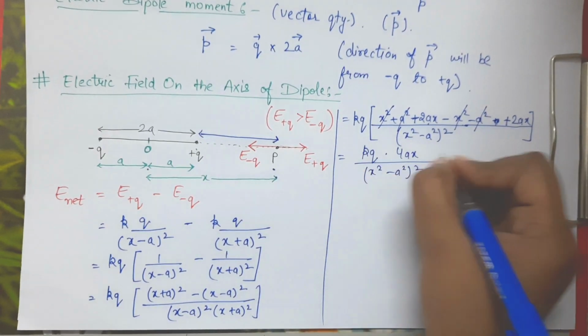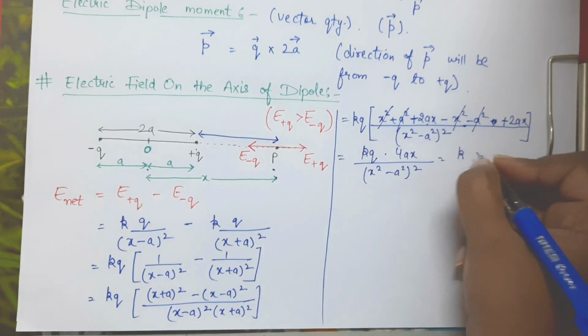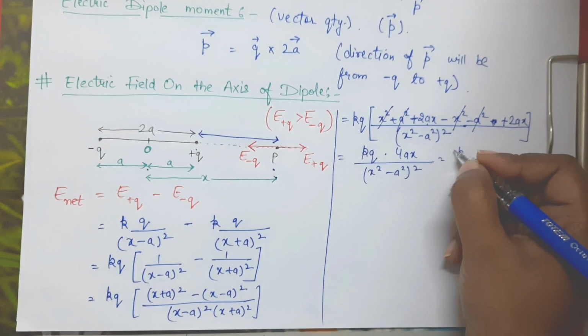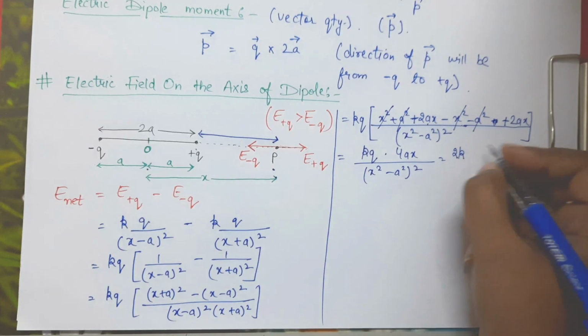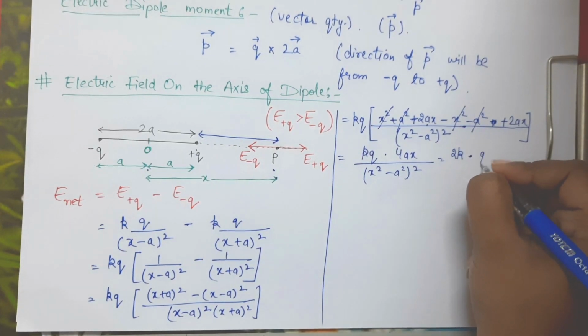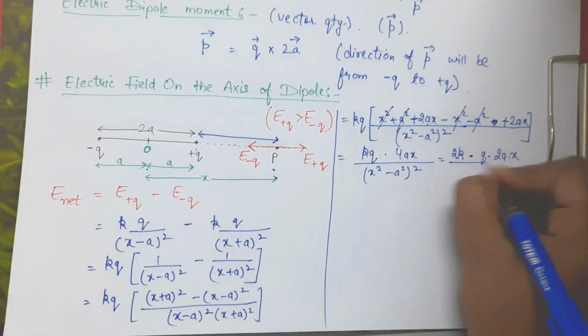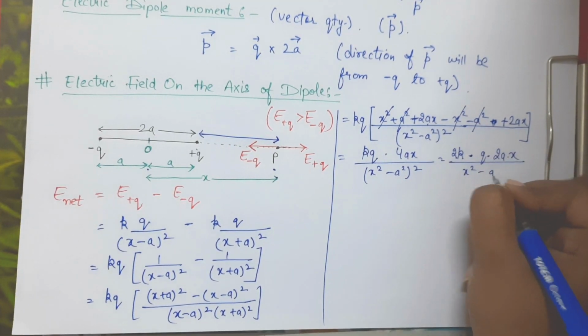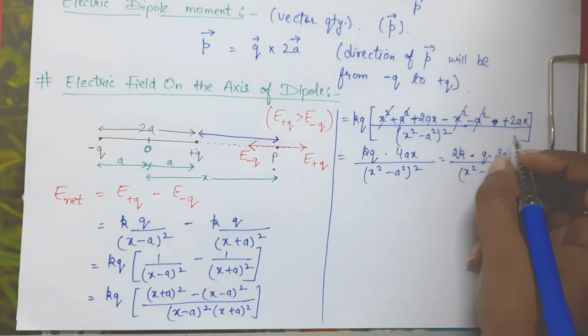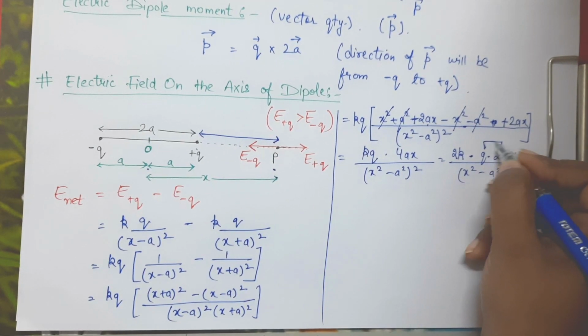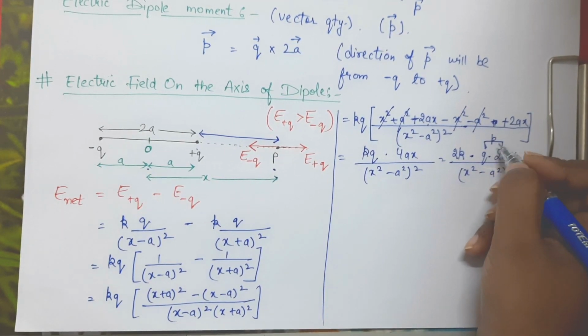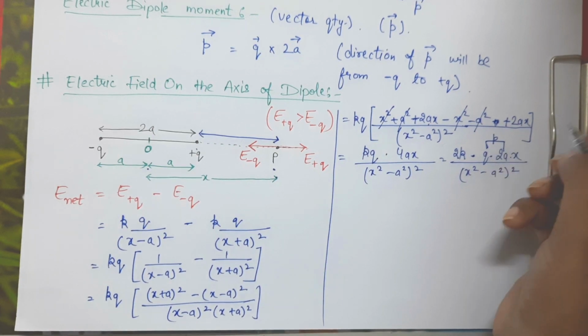So we can write this part as 2k multiplied by q into 2a into x, and then x square minus a square whole square. Now this part, q into 2a, we can write as p, right? Because the formula for p is what? Q into 2a.